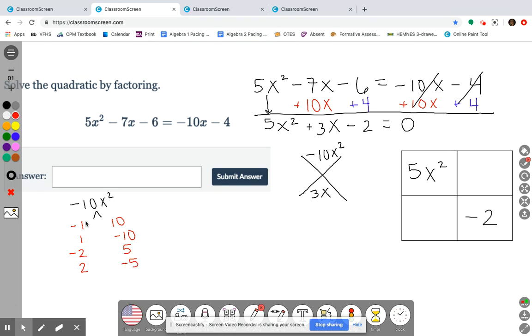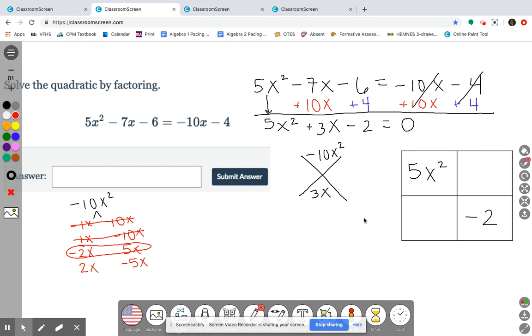And for these problems, we're going to place an x on each one so that when we multiply them, x times x gives me that x squared. Now you're going to look through all of these examples and find out which one adds up to that bottom number of 3x. This adds up to 9x. This adds up to negative 9x. And then we found our option: negative 2 and 5 adds up to 3x.